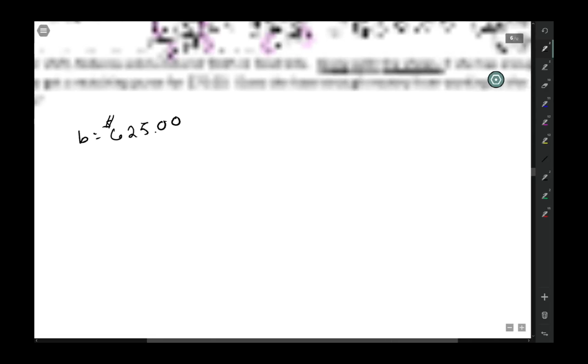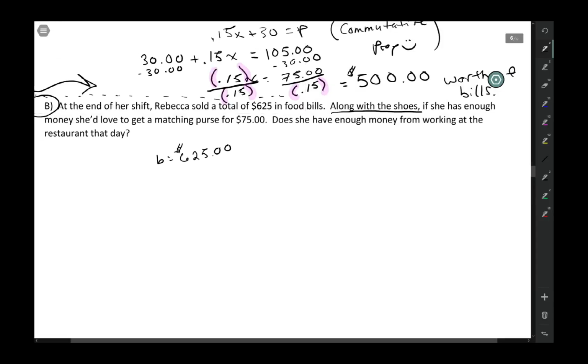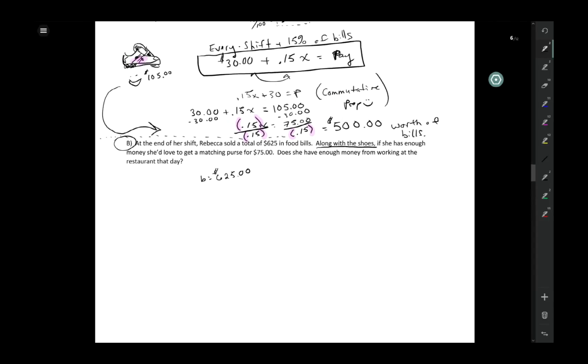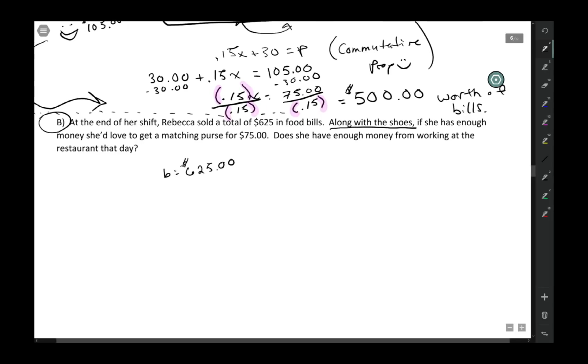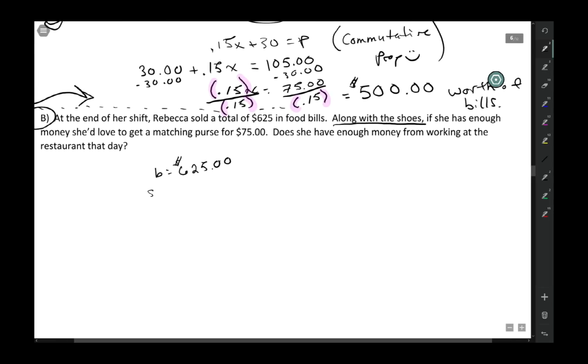Okay, along with the shoes, so let's see, shoes plus purse equals 105 plus 75. 105 plus 75 is 180.